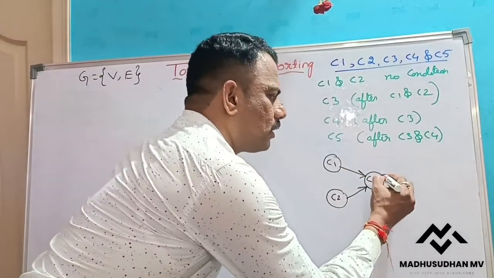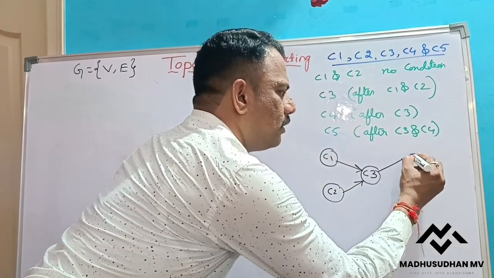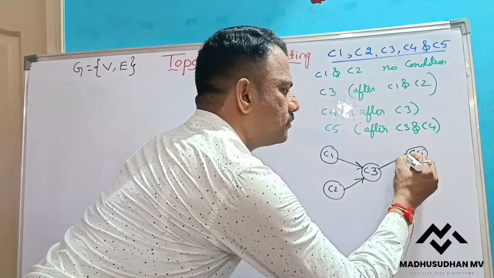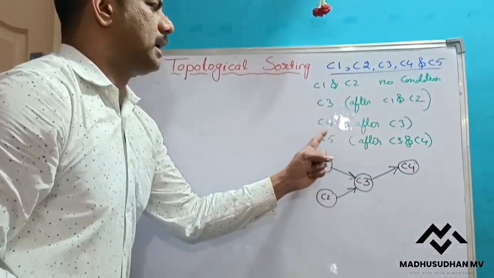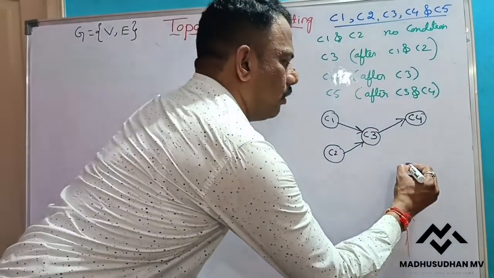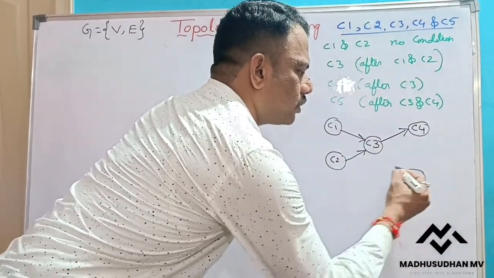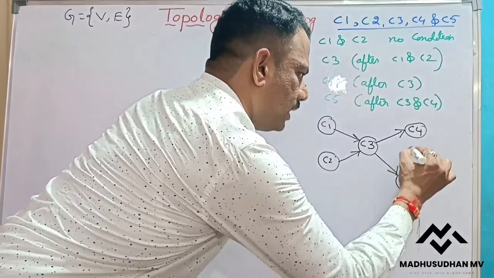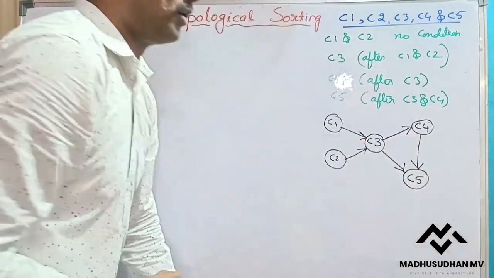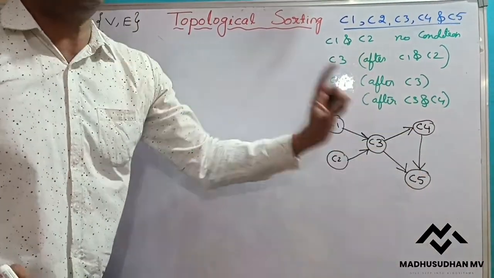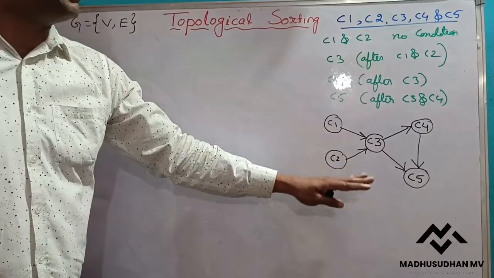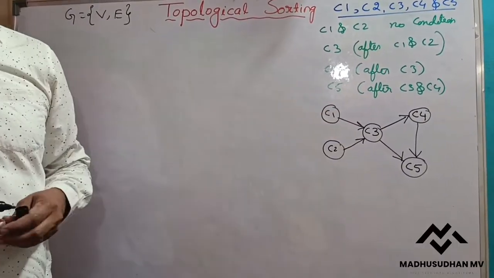After completion of course 3, then only can he take course 4. Course 4 can be taken after course 3. Next, the student can take course 5 after completing course 3 as well as course 4. So the same example is now represented in the form of a graph.